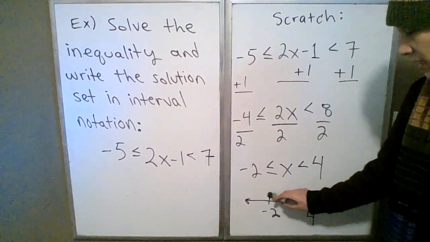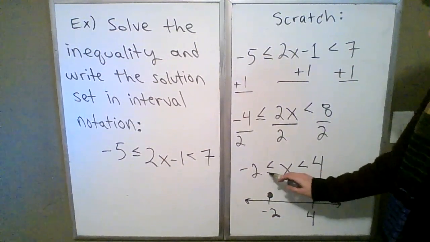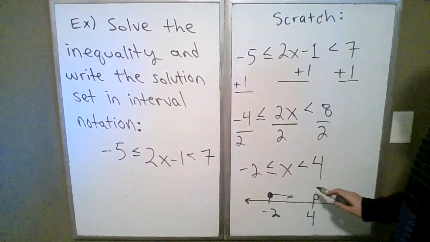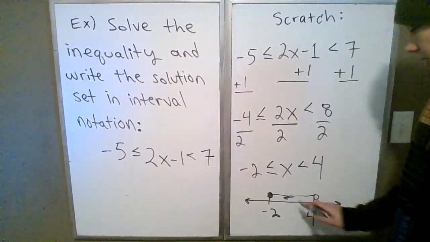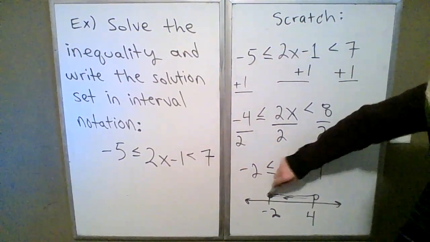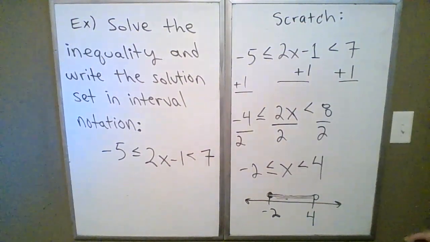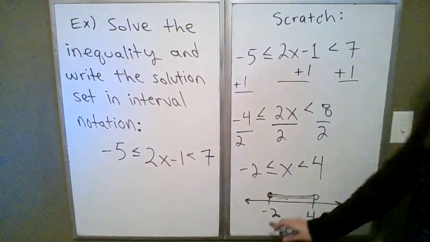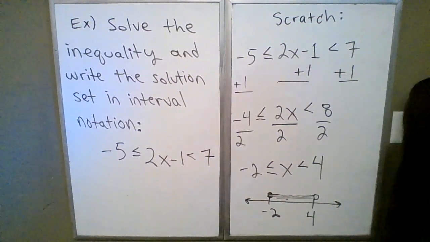And I could test some points if I want to, but I know that I need the values greater than -2 this way, and also strictly less than 4 that way. So it's going to be this shaded part in between where both of those things happen. So we go from -2 over to 4, and I do include this side, but not that side. So the set looks like this.